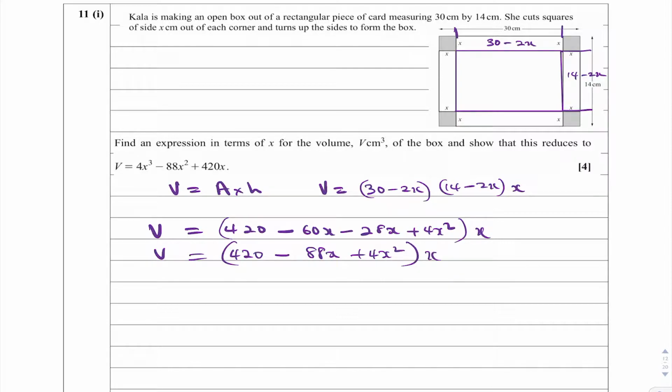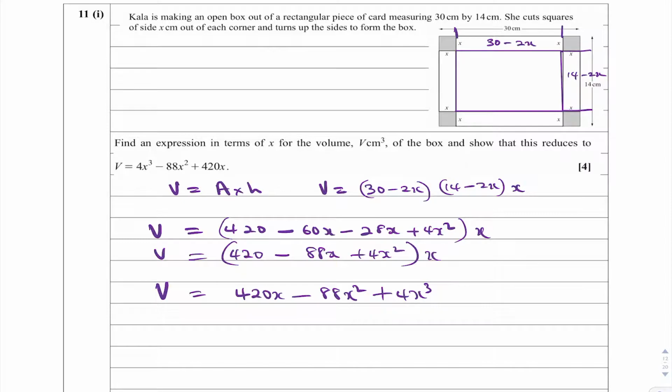So now we need to just multiply it all out. V equals 420x minus 88x squared plus 4x cubed.